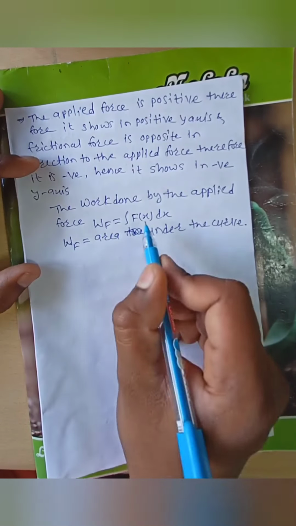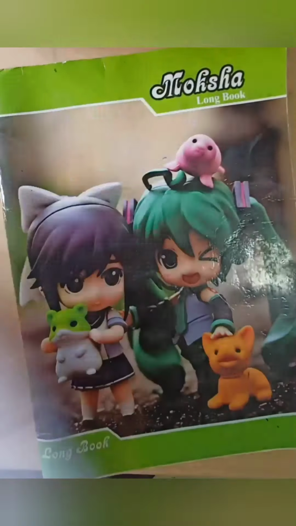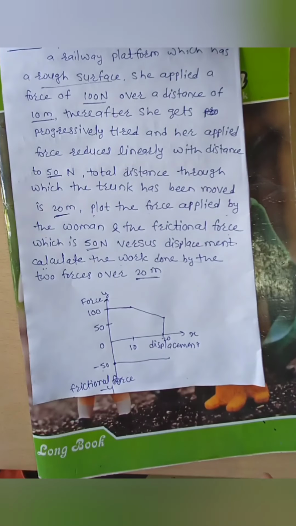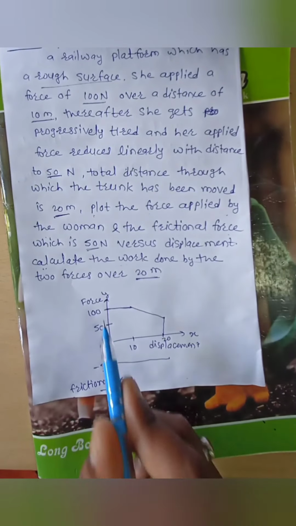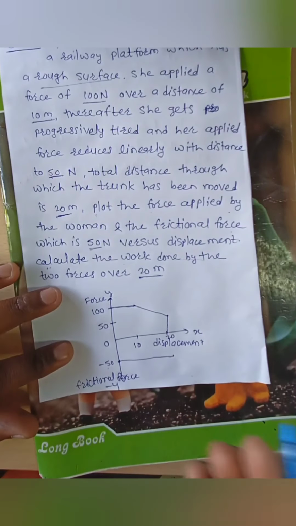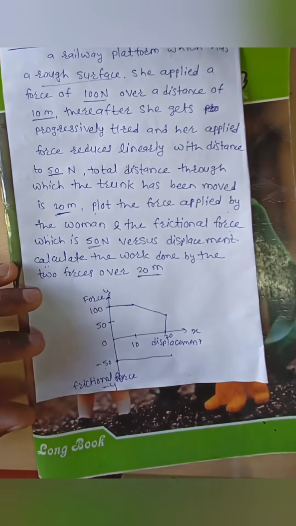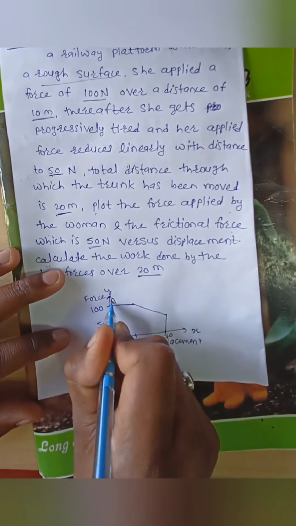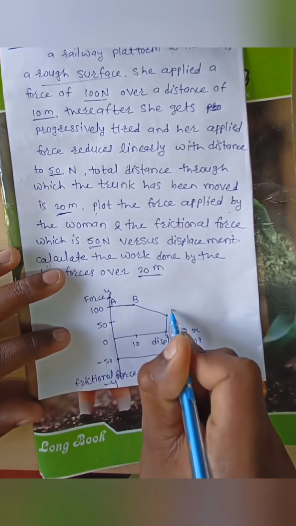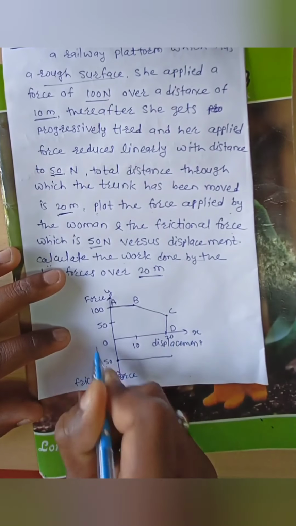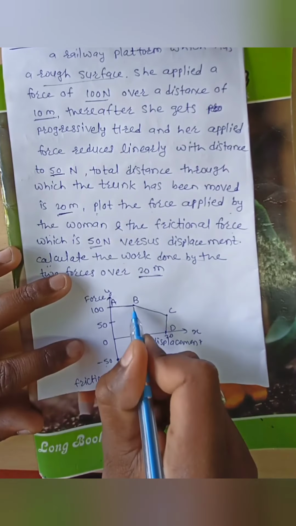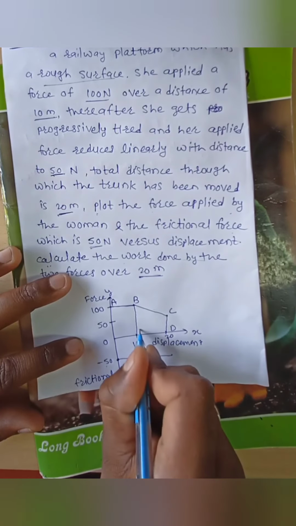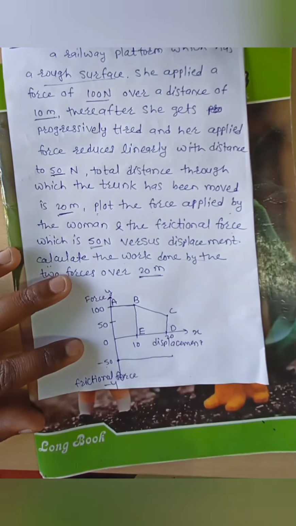For a graph between force versus displacement, the work done is equal to the area under the curve. Now label this point A, this point B, this is C, this is D, this is the point O, and this is E.